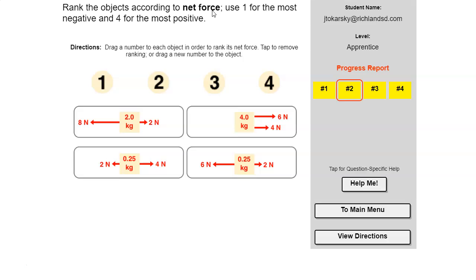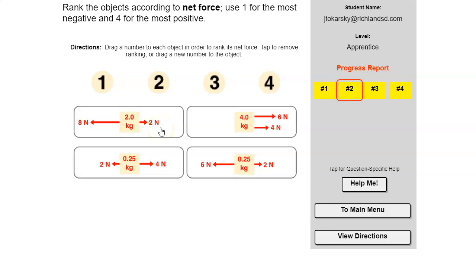And that could be 2 different answers if you're not paying attention. I highly suggest you have out some scratch paper so you don't have to keep track of all this in your head. So what I would do is find out the net force on all 4 of these, and then just rank them, 1 for the most negative, and 4 for the most positive, and everything else in between.